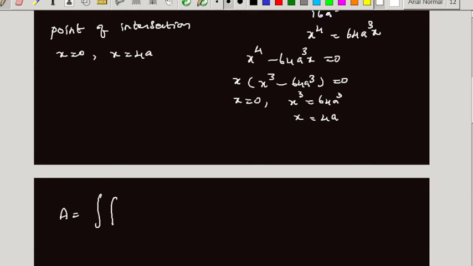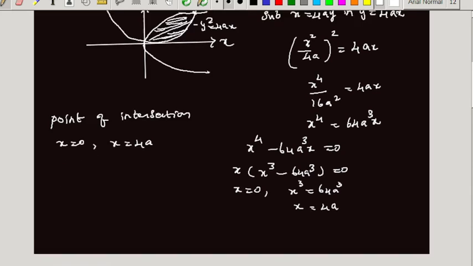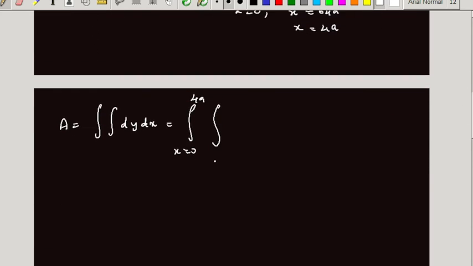Area is nothing but double integral dy dx. Here x is 0 to 4a. We must write y. So here we can see that this is nothing but y square equal to 4ax. This is the lower limit. y can be written as 2 times root a x. So this is the lower limit, 2 times root a into x, and the other upper limit is x square by 4a, into dy dx.